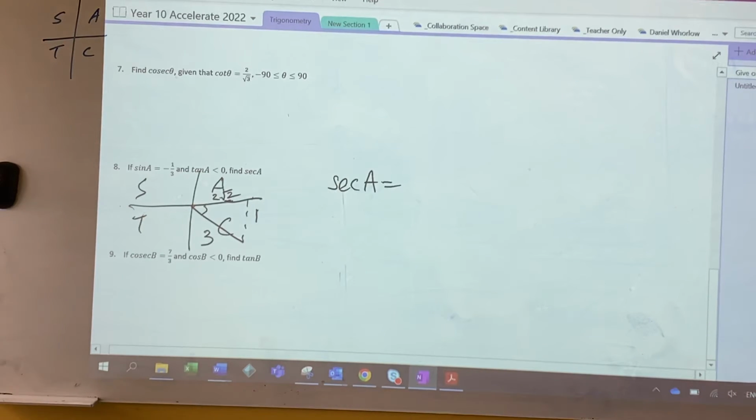And we want to find sec A. If I'm not so familiar with sec, but I'm familiar with the reciprocal ones, what's the reciprocal of sec? Cos. So I'm going to do cos first and just reverse it, right? Cos is adjacent over hypotenuse, right? So sec is just the reciprocal. So 3, then reverse it. Sorry, I mean rationalize it.